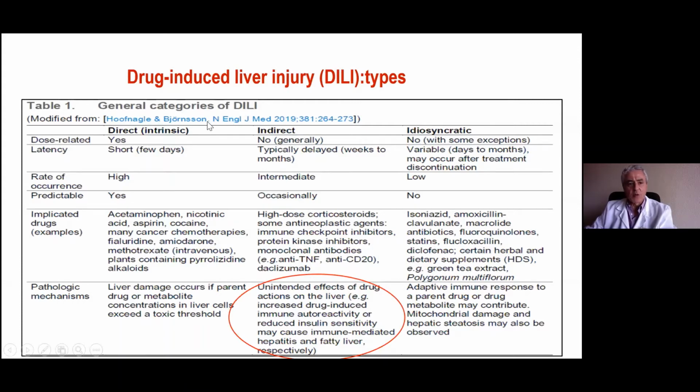This type of DILI was proposed recently by Jacob Nagel and Einar Björnsson in a review in the New England Journal of Medicine. This type is characterized by drugs that are able to exacerbate persistent liver disease or alter the immune system because of their mechanism of action. For example, rituximab activating chronic viral hepatitis B.